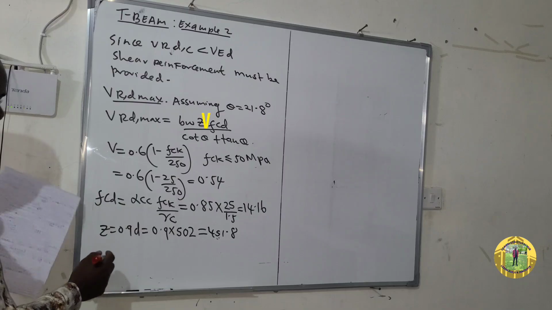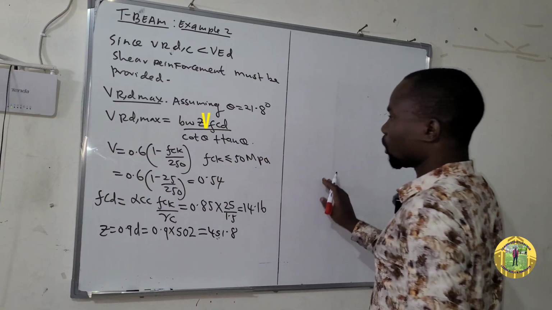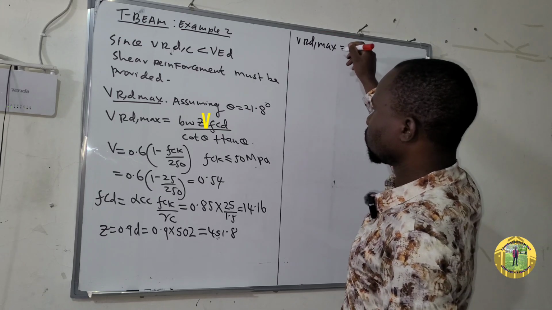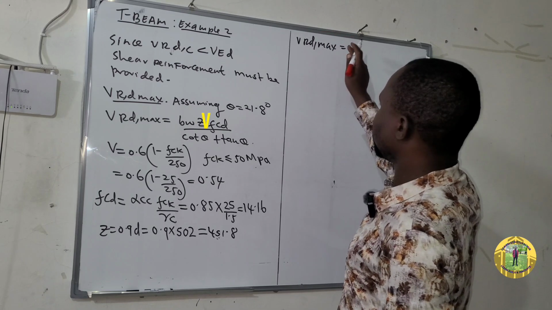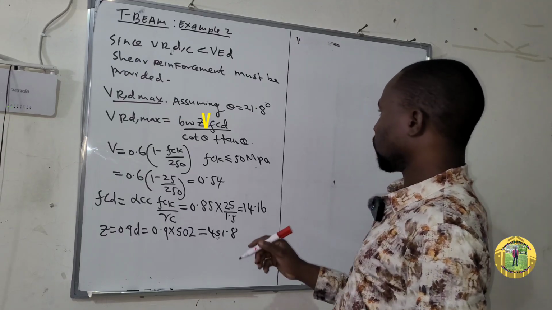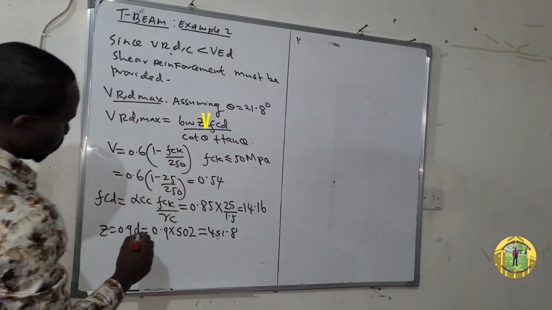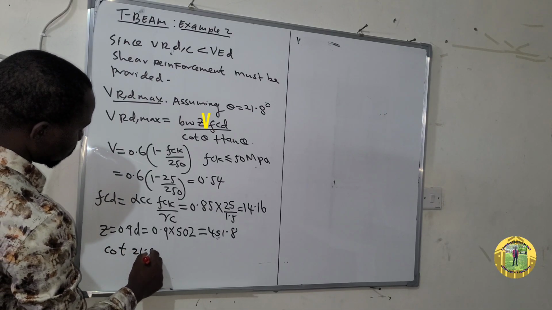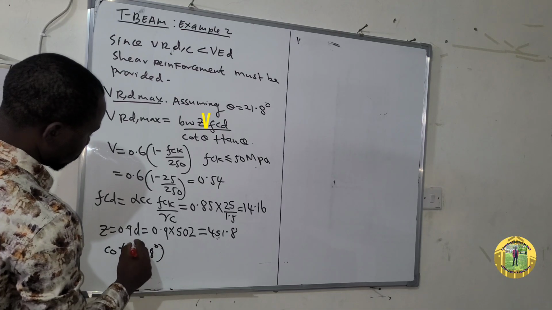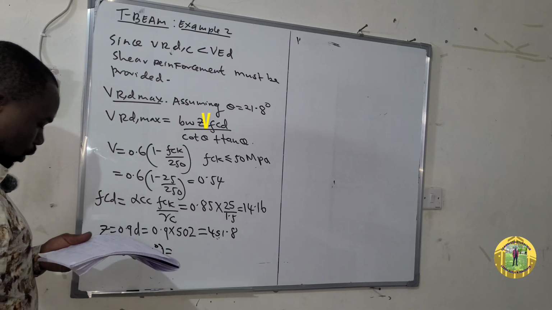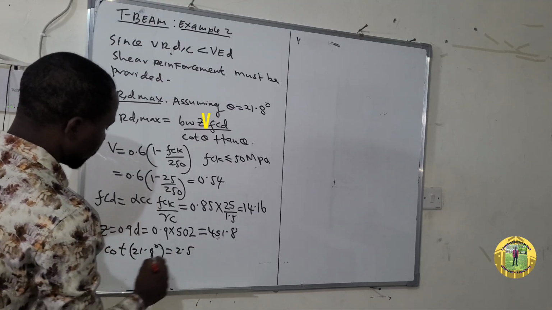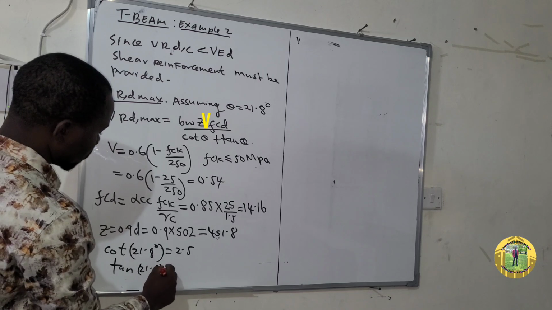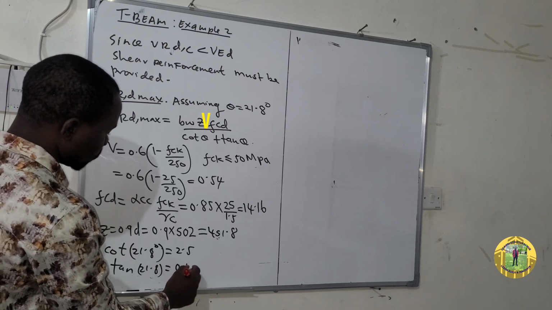VRD max, we can now insert these values in the formula. So VRD max is equal to, and remember cot 21.8 degree is equal to 2.5, and the tan 21.8 is equal to 0.4.